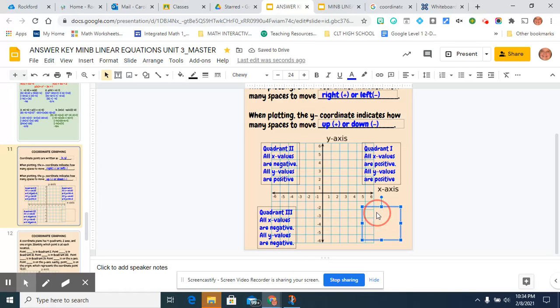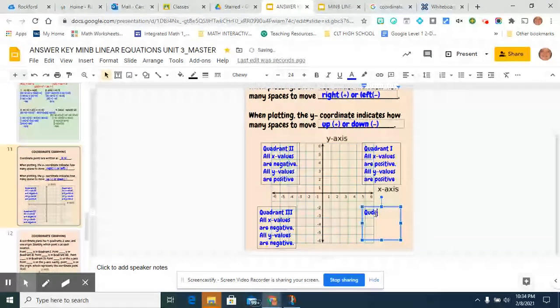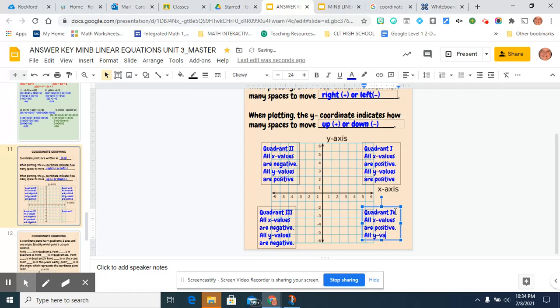And lastly, quadrant 4, I spelled quadrant here, quadrant 4, all x values are positive and all y values are negative.